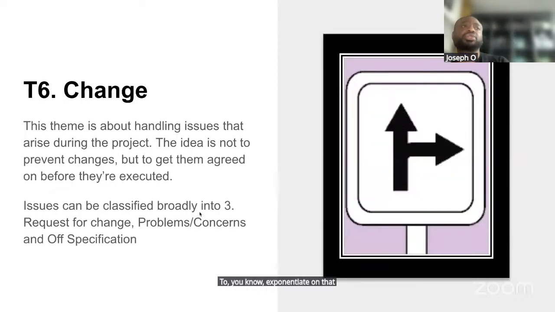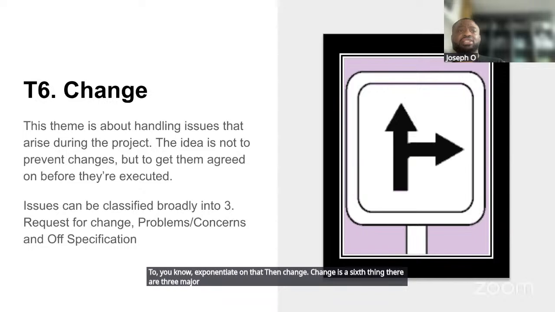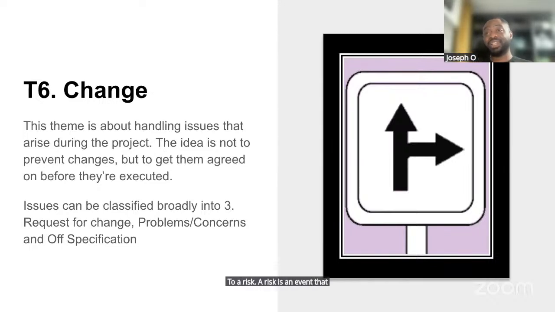Then change is a sixth theme, and there are three major changes that Prince 2 identifies, which can be categorized broadly. A change is basically any event that has happened that is now impacting the project. So consider it in relation to a risk. A risk is an event that is unlikely, that might happen or might not happen, but can impact the project.